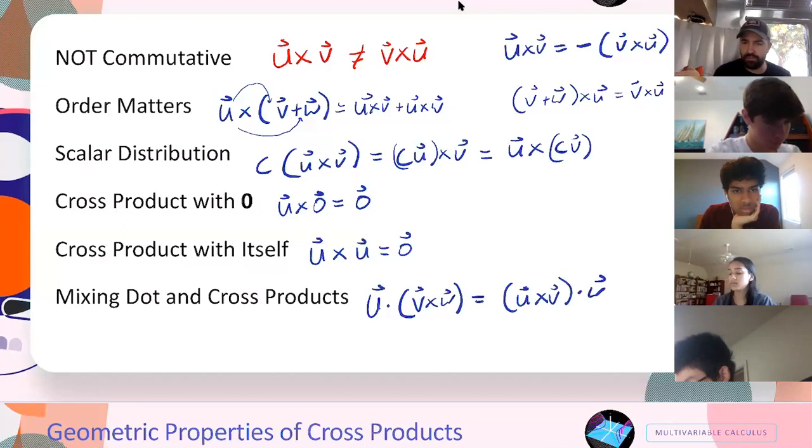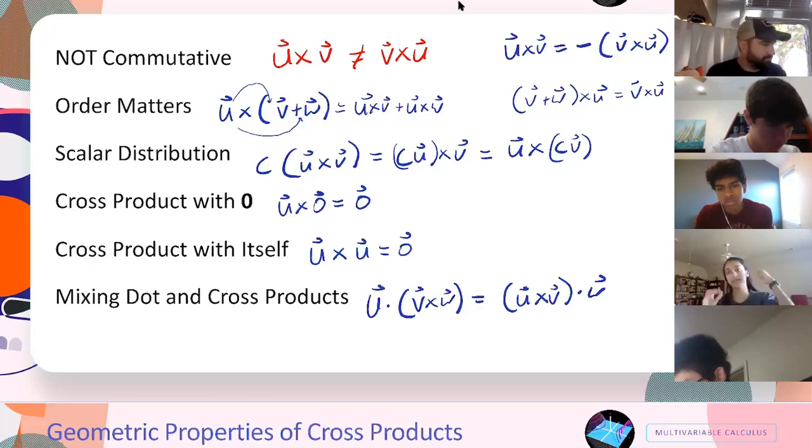If the dot product happens first, you lose a vector and you can't do the second operation. Kind of like when we tried to look at taking multiple dot products yesterday. You can't do U dot V dot W because once you do U dot V, that vector is gone. So same idea here, you can't do the dot product first and then a cross product because the cross product requires a vector.